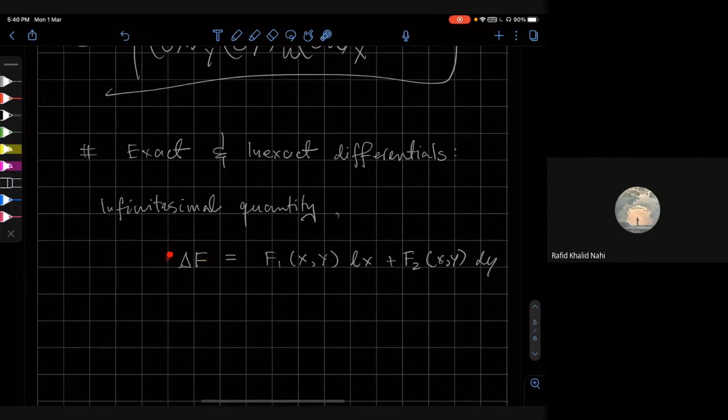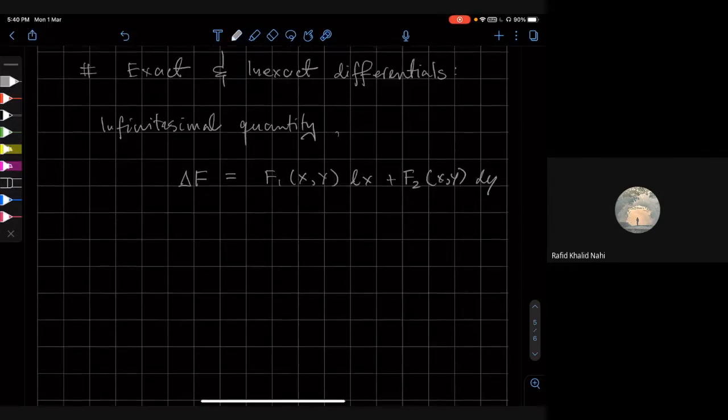And the idea is that this thing is small because it's multiplying dx and dy. These f1 and f2, even if they're finite, don't have to be infinitesimal. The result is small because you have these infinitesimal quantities multiplying them. Okay? So this is a general differential.